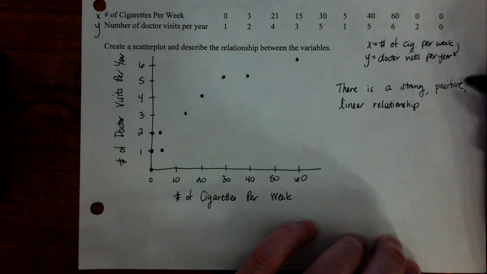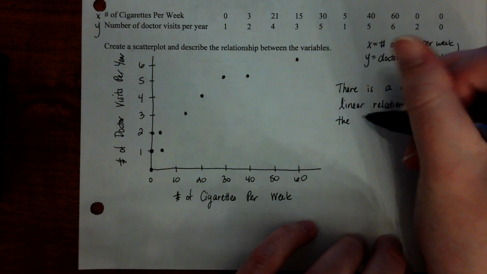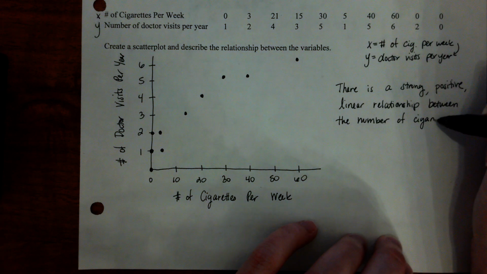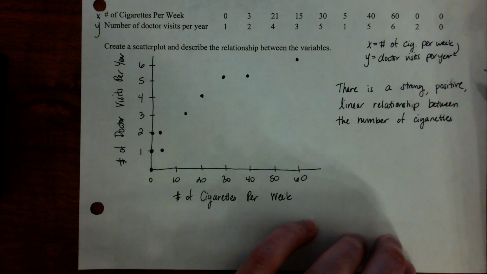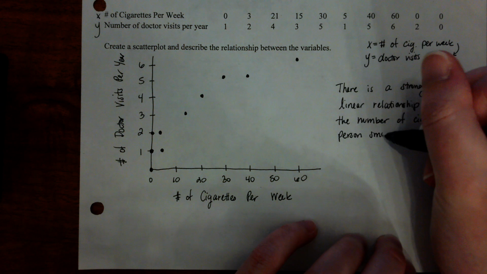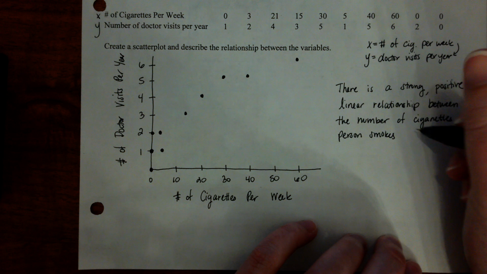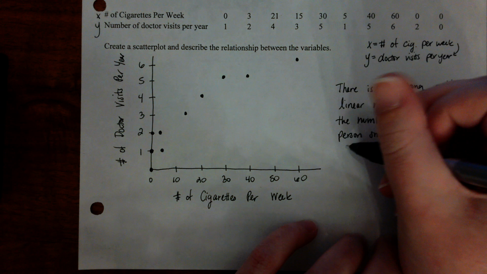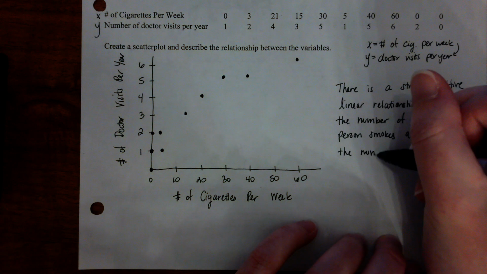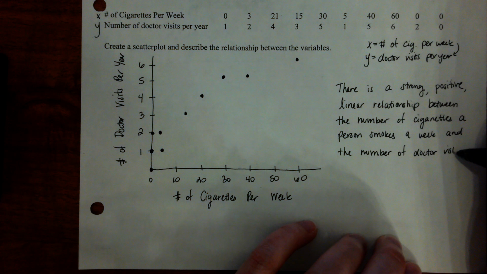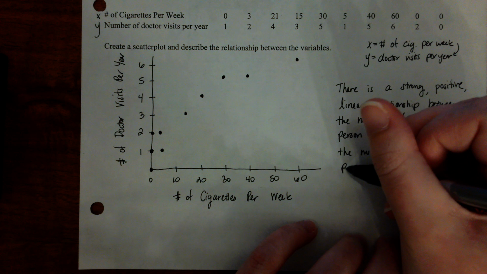And we're always going to say between what two variables? So between the number of cigarettes a person smokes a week and the number of doctor visits per year.